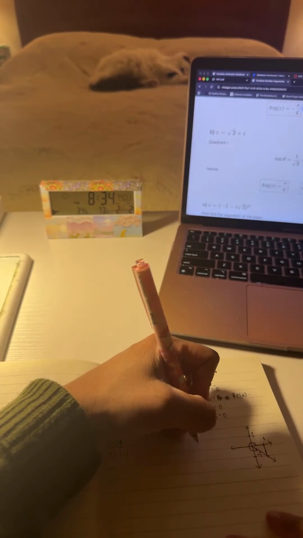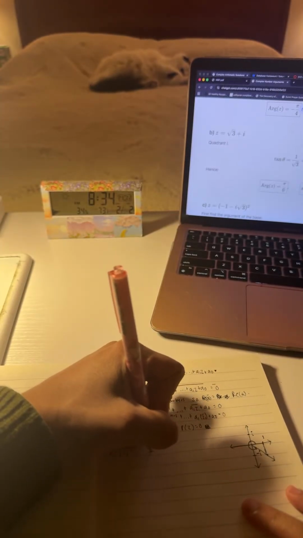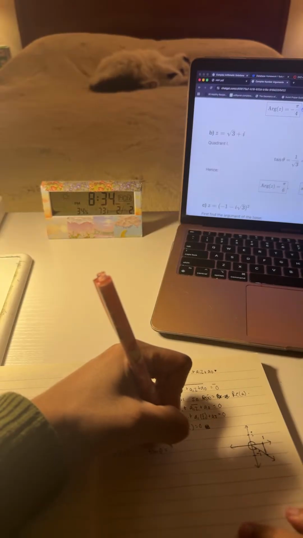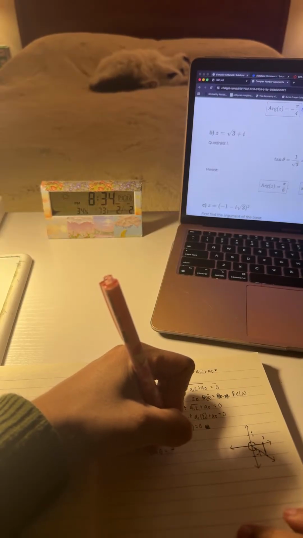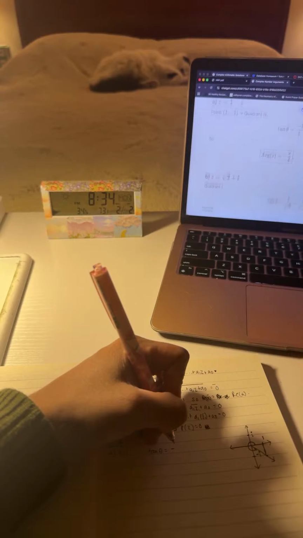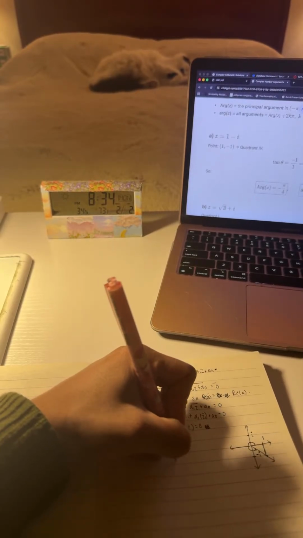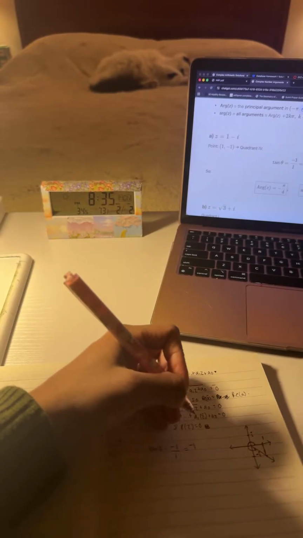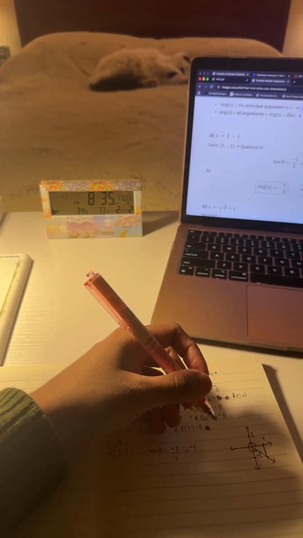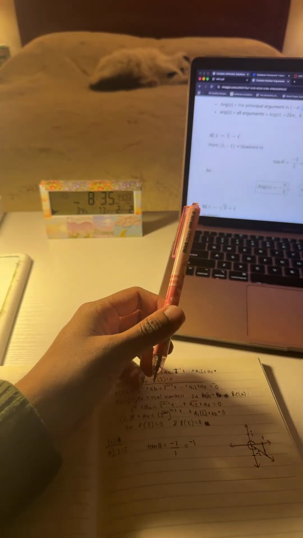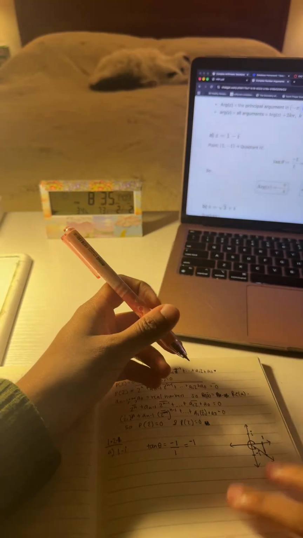So tangent is equal to negative 1. Negative 1 is the opposite, right? Adjacent equals 1. Man, I have to rememorize the unit circle. I literally spent an entire stream trying to memorize it, but now I forgot it, which is so bad.